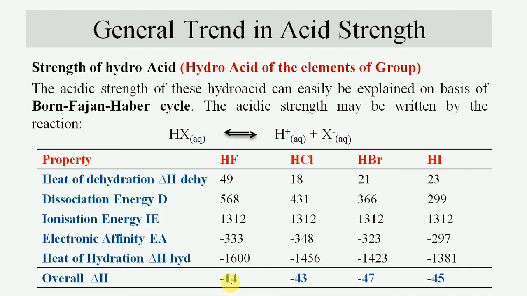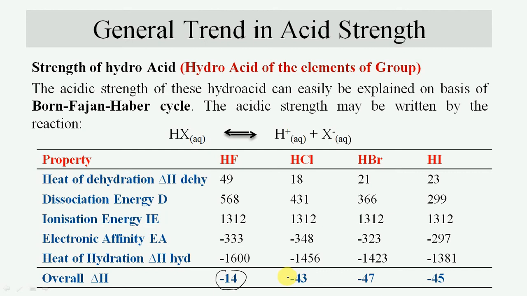It is clear from this table that delta H values of all the halogen acids are negative, which indicates that all of them can easily ionize. Therefore, we can say that they can behave as acids. However, the value for hydrogen fluoride is small as compared to the value of the other acids. This means hydrogen fluoride is the weakest acid.